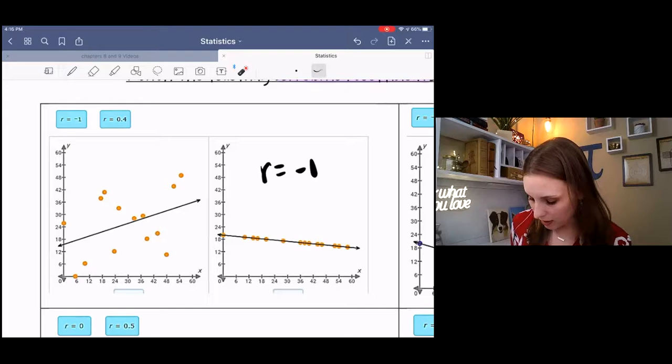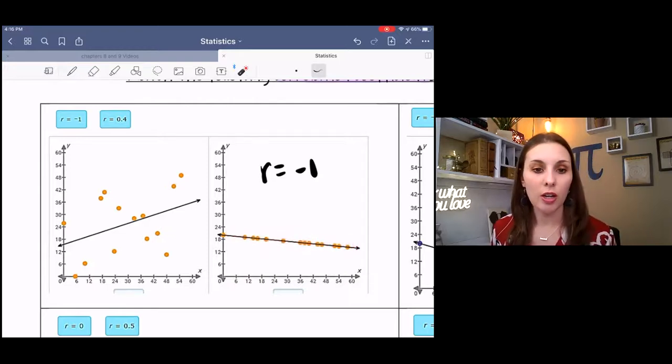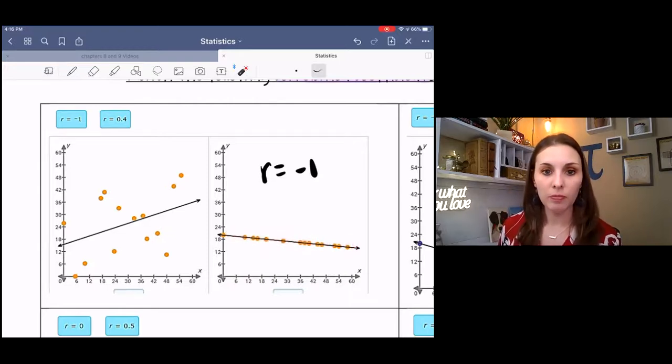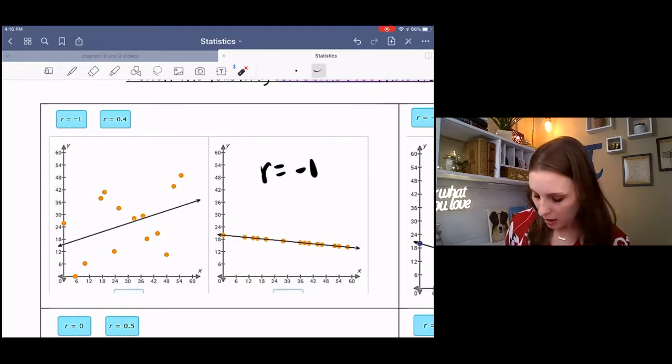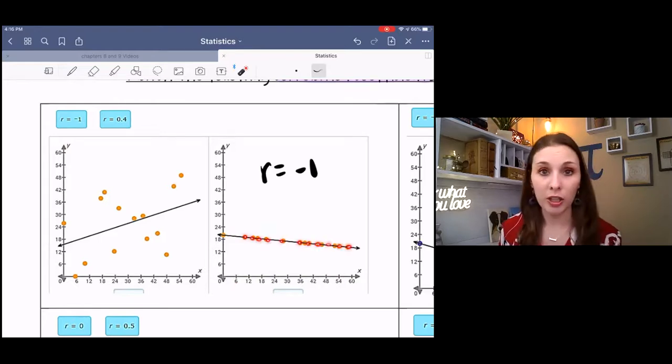As x is getting bigger and bigger, the y values are falling, they're going down. So it has a strong negative relationship. And the value of r, which is 1 in magnitude in this case, means that these points follow a very strong linear pattern. They're really, really close together.